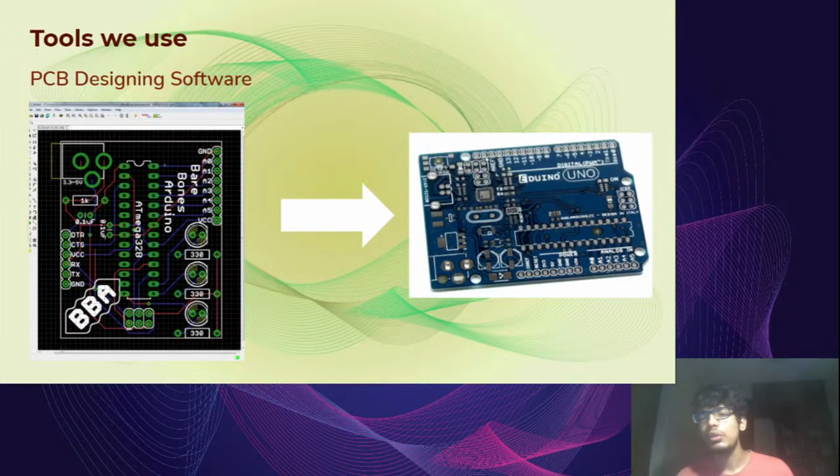We commonly use software like Autodesk EagleCAD or KiCad. KiCad is a free open source version, and Autodesk has EagleCAD, which is a paid version, but as Bitsians, we have access to it. You can download it for free using your Bits email.